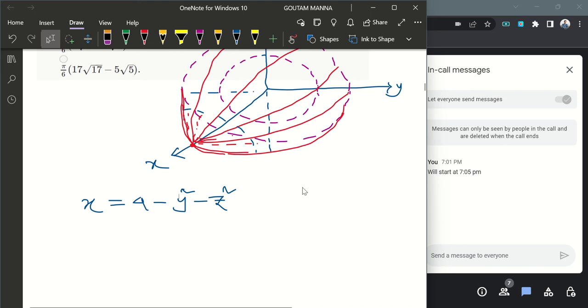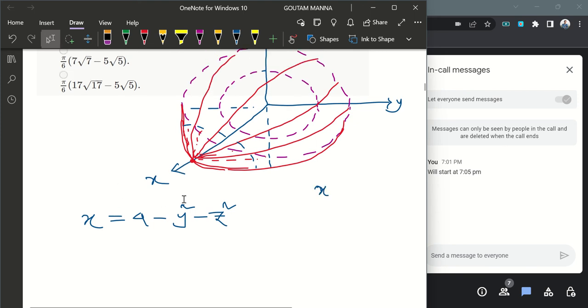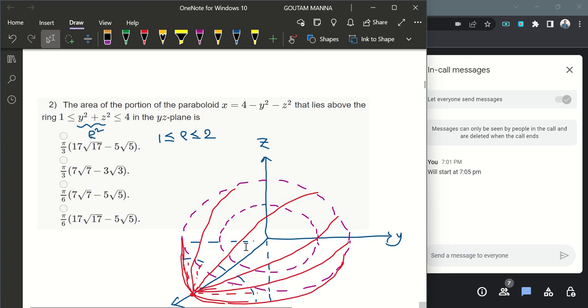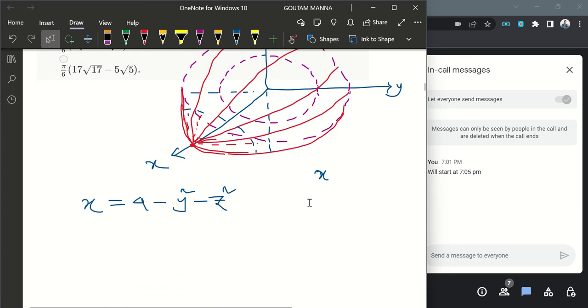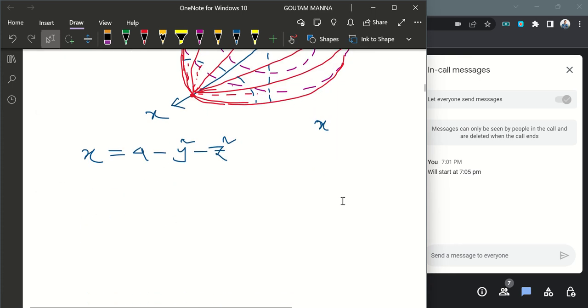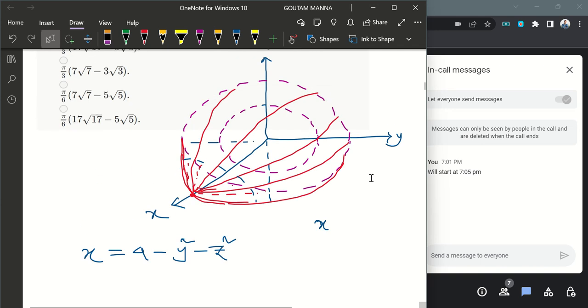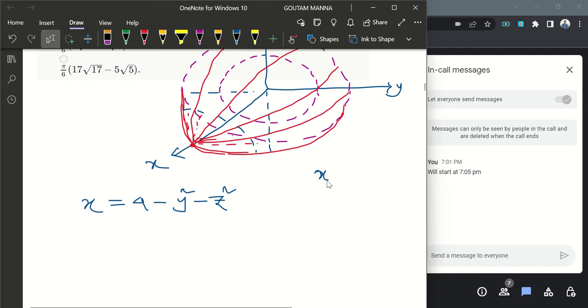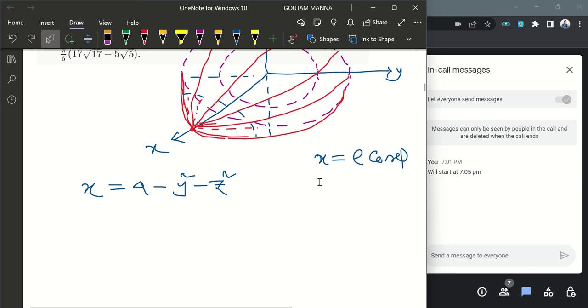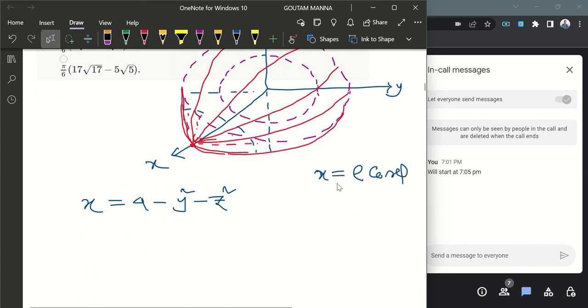In this yz plane we are basically covering circular regions. So the easier way to parameterize the surface is to first parameterize y and z in polar coordinates. So let's call y as rho cos phi.